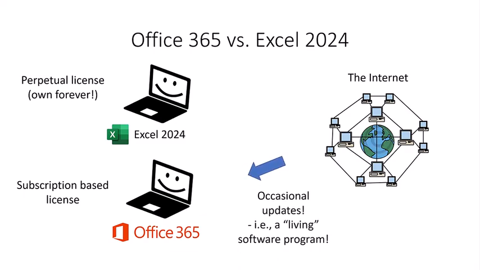Office 365 is a living software program, so it occasionally gets updates from the internet: new functions, new functionalities, changes, and maybe they fix some bugs. But a perpetual license will never get updates. So I would highly recommend getting the subscription-based license, Office 365, rather than purchasing a one-time perpetual license.